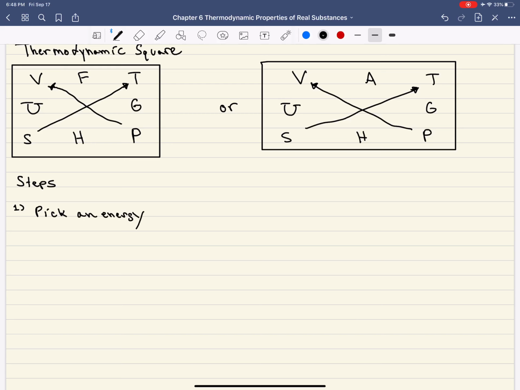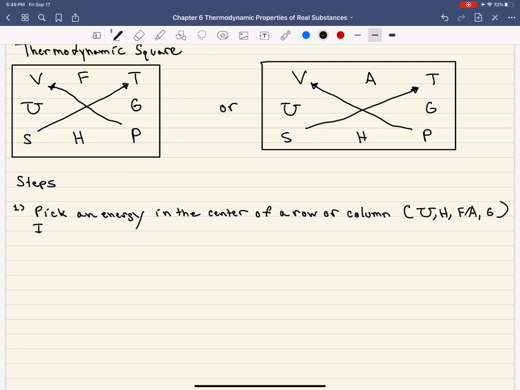Let's say you wanted to derive the fundamental equation for internal energy really quick. What you would do is pick an energy in the center of a row or column: U, H, F or A, or G.